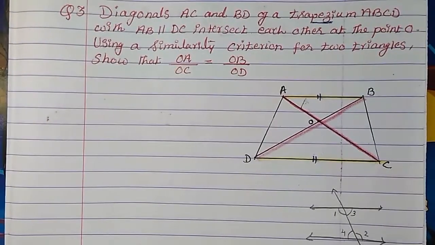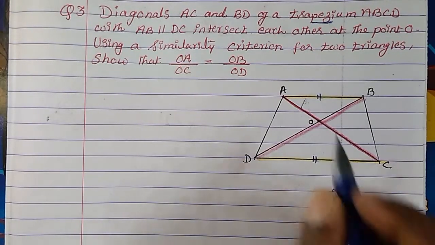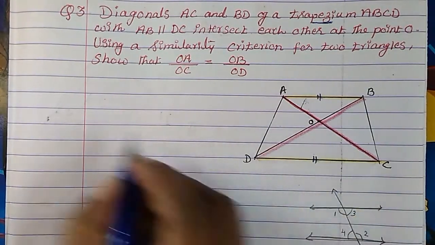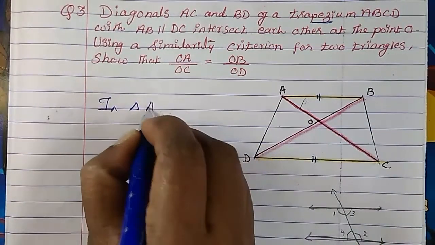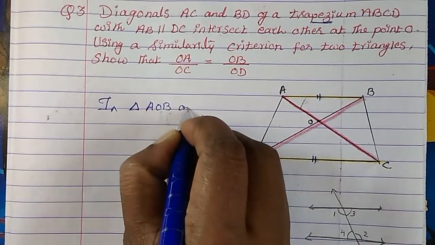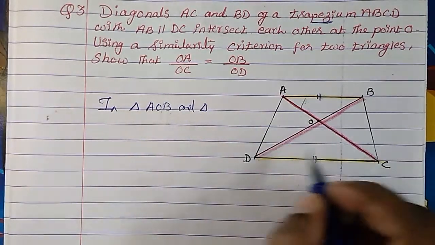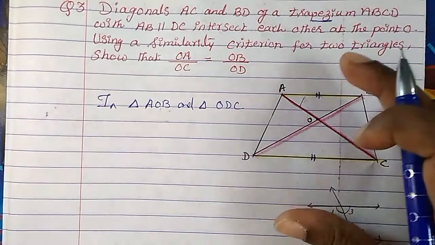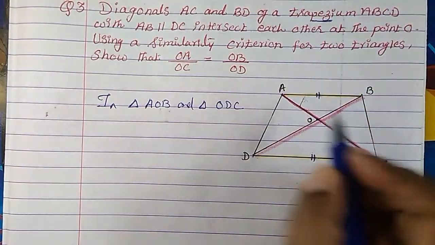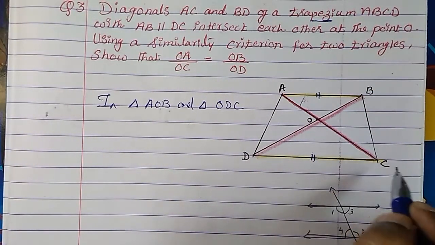Let's see. We have taken this triangle and this triangle, right? So in triangle AOB and in triangle ODC, AB is parallel to DC.